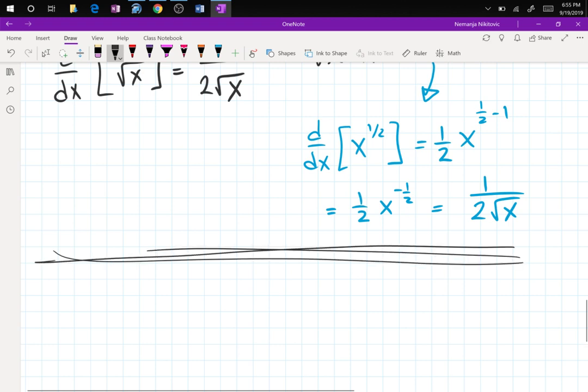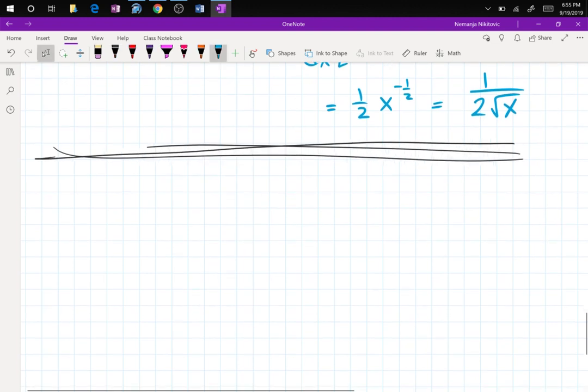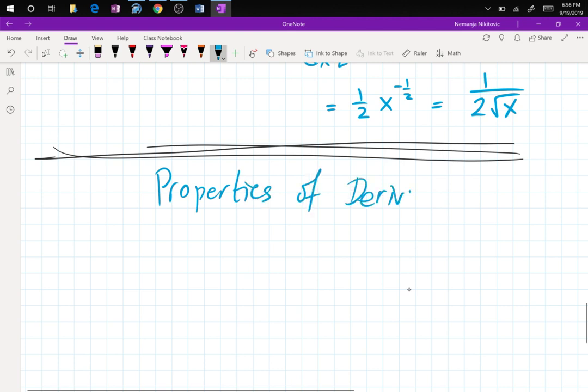And now we are going to cover the 3 rules of linearity for derivatives, they will be exactly the same as the ones you've seen in limits. So, properties of derivatives.